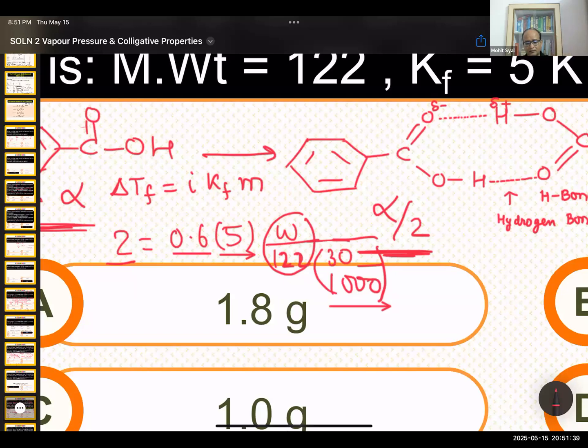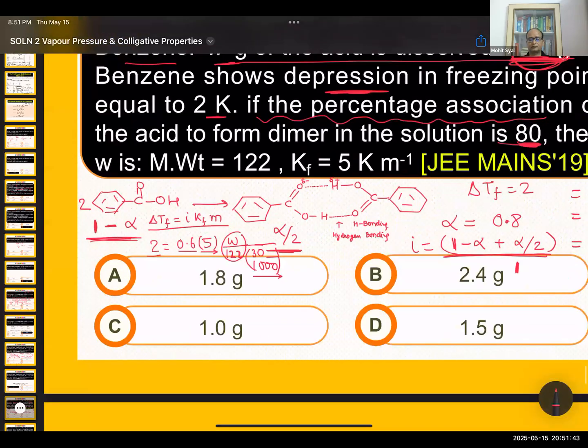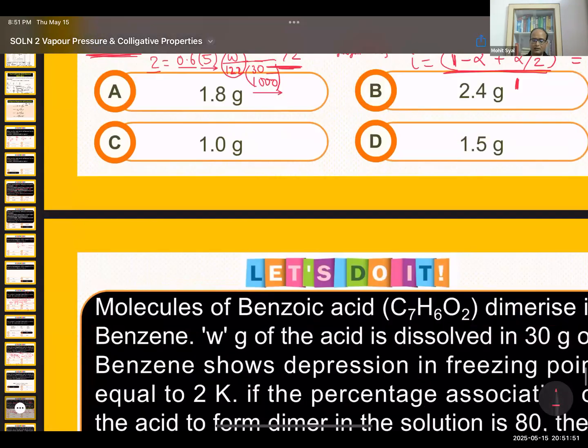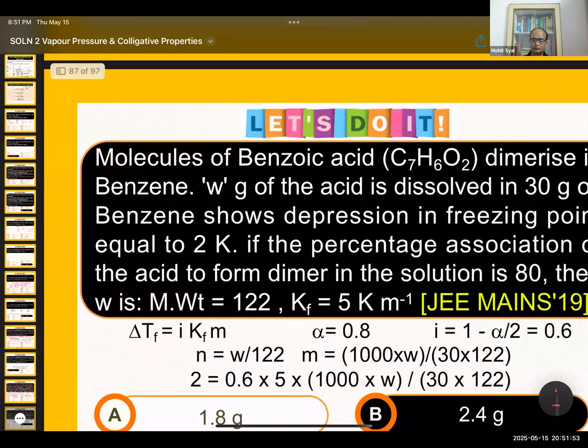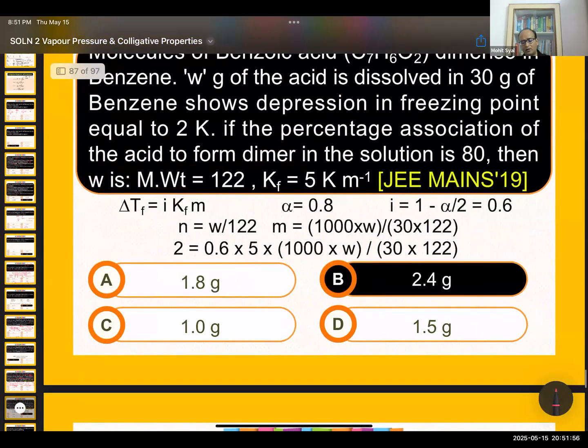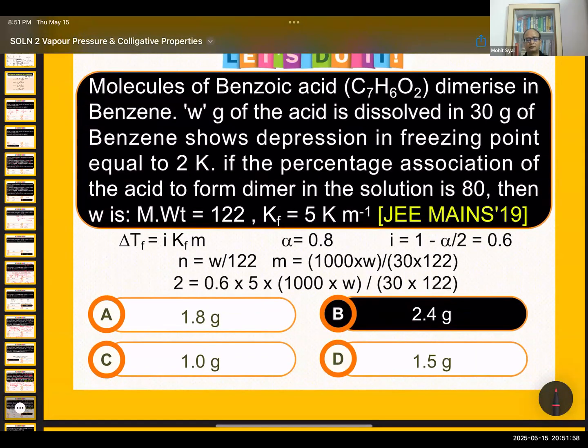First write the formula. Is it clear? Yes. This is what we are doing. And we got 2.4.